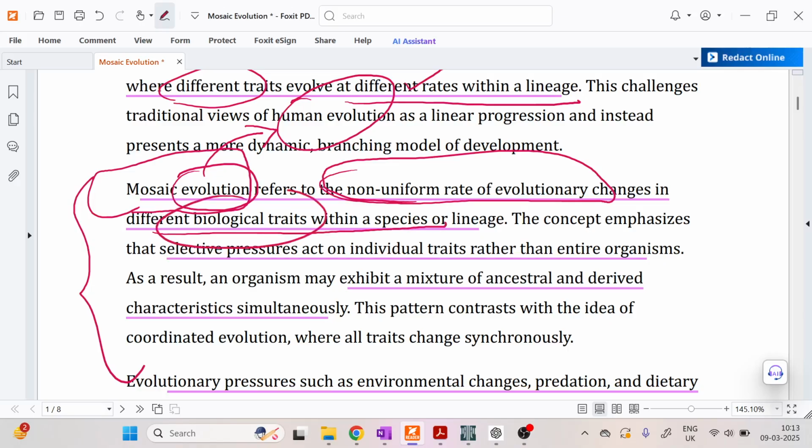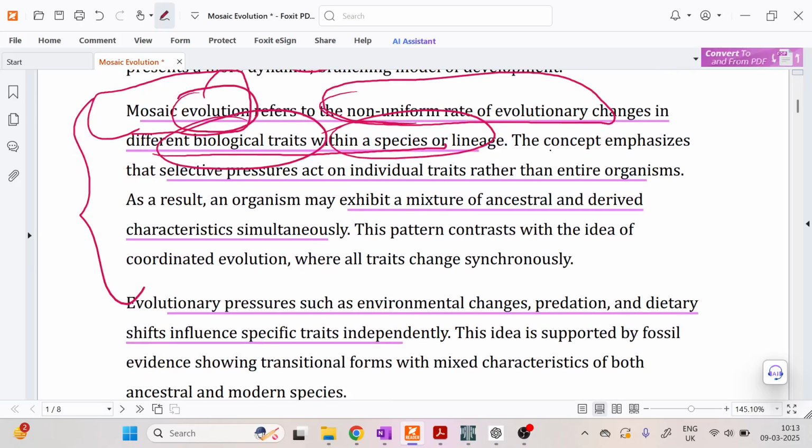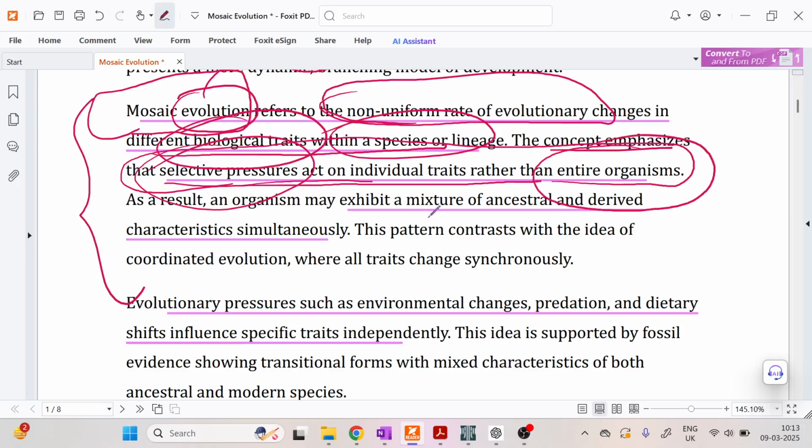So the talk is about biological traits within a species. This concept also emphasizes that selective pressures act on individual traits rather than the entire organism. Earlier it was believed that selective pressures, natural selection, act on the entire organism.